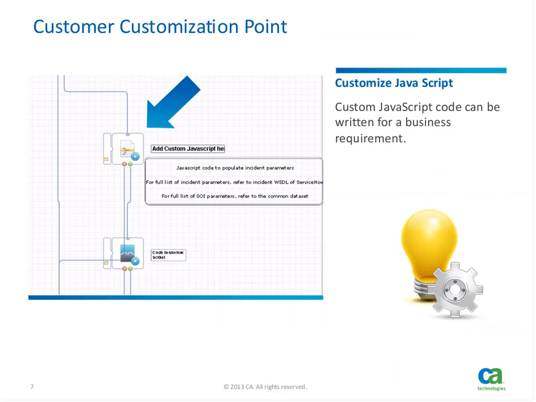If you want to change our workflows and be supported, then what we say is look for the add custom JavaScript here. In this workflow, this is on the pre-processing of the incident. Maybe in your incident, you need to add some JavaScript to go get some information to determine incident routing.